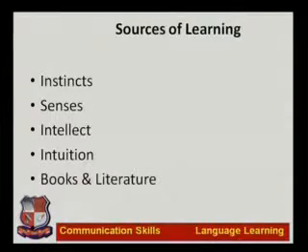And the fourth thing: sometimes persons may have instincts, senses, and intellect also, but still they cannot learn anything, they cannot understand anything. The process of understanding or learning becomes incomplete. Although the third point is dependent on the second one. The third point is intellect.